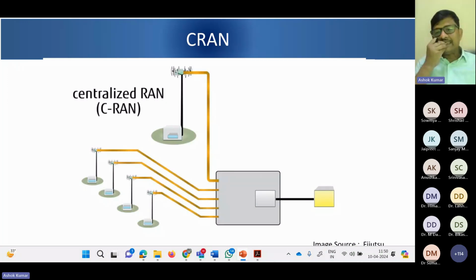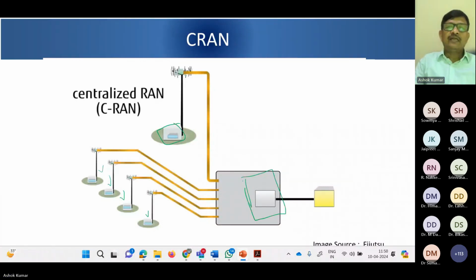In the case of a centralized RAN, instead of putting the BBU below the tower, it can be brought to a centralized place. All these BBUs from each of the towers can be brought to a centralized place, and we can call it a centralized RAN because the BBU is being centralized. Only two things, the RF part and antenna, are at the top of the tower, whereas all the BBUs I can take to a central location.